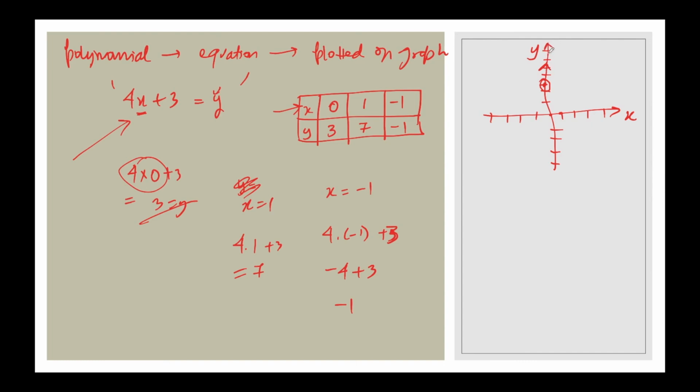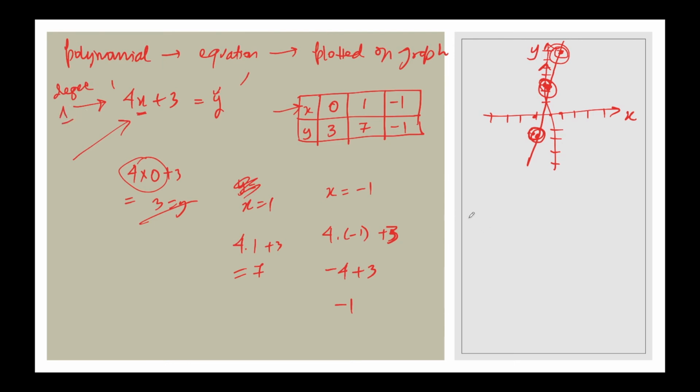It might come somewhere here. I'm not drawing it accurately, but it will give you the idea of what I'm doing here. When the value of x is minus 1, the value of y is also minus 1. So this is a kind of line. This graph is not accurate, but when you draw it accurately, this will give you a straight line. How do I know this is giving me a straight line? Because this is an equation with degree 1.